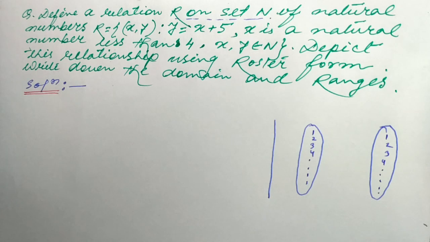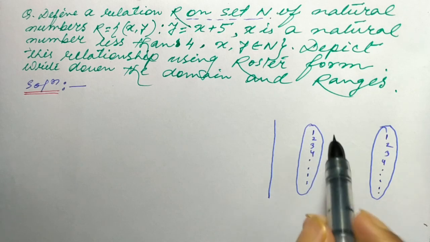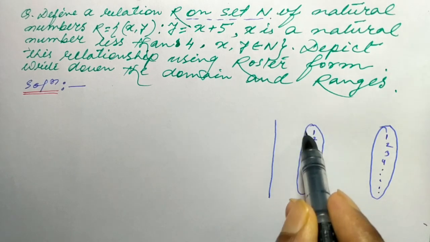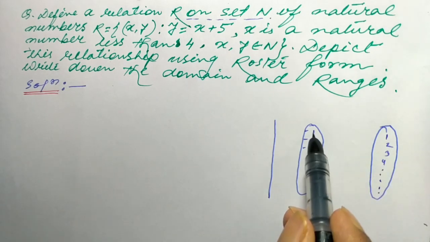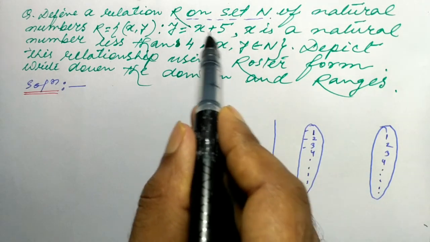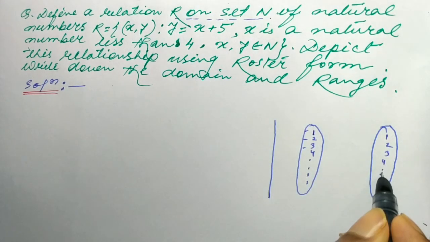We have given that x, the input, is less than 4, therefore the input must be 1, 2 and 3. If x equal to 1, then y becomes 1 plus 5 equal to 6.